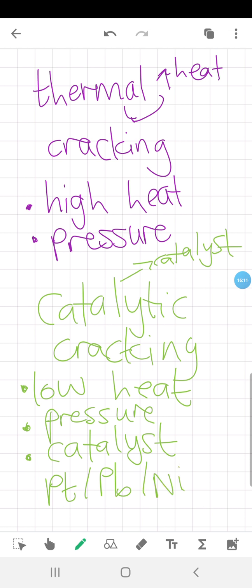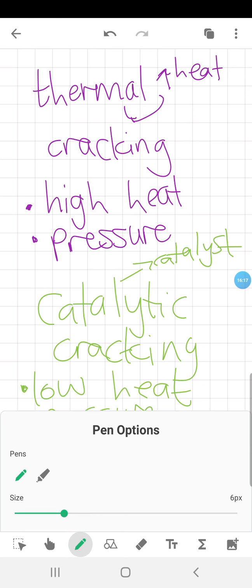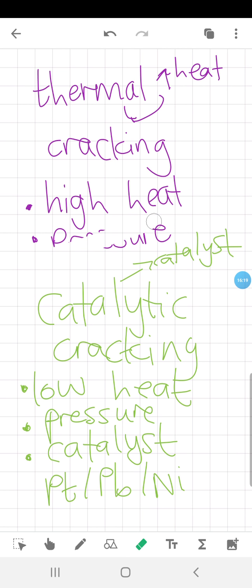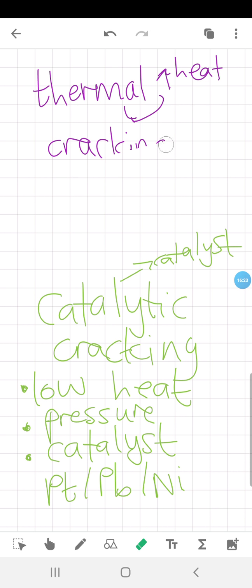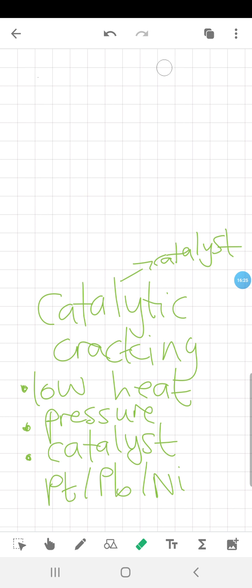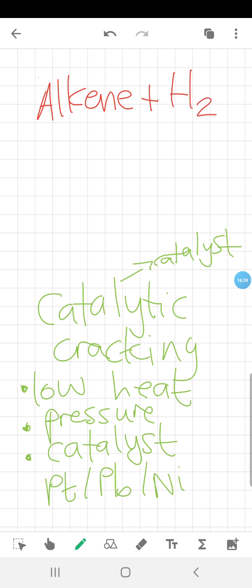So I like to compare catalytic cracking to hydrogenation, because in hydrogenation, you start off with an alkene, because you start off with something unsaturated and end up with something saturated. So you start off with an alkene and you add 2 hydrogens.